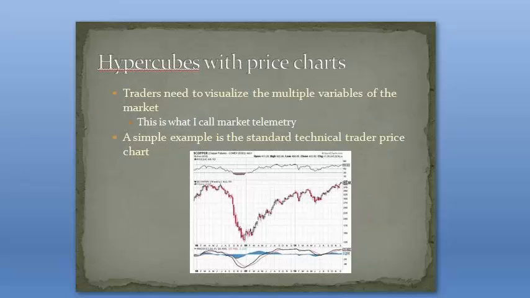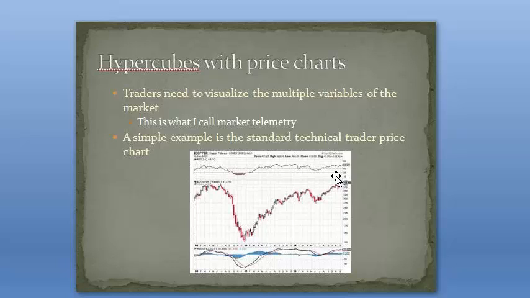Now, traders here need to visualize multiple variables of the market, and this is what I call market telemetry. Now, a simple example is the standard technical trader price chart, where you have the price, you have the MACD, and you have the RSI. So those are some standards, but you don't see volatility.